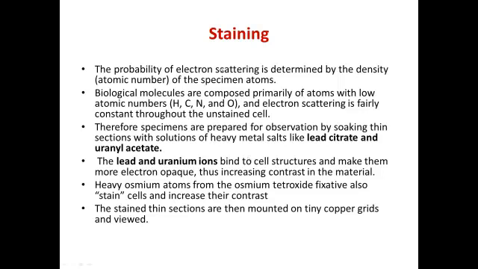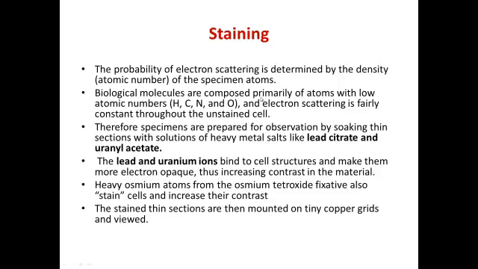And why is it done? Because the probability of electron scattering is determined by the density of the specimen atoms, and biological molecules are composed of carbon, nitrogen, oxygen, and hydrogen atoms, which have low atomic numbers. And electron scattering is fairly constant throughout the unstained cell.